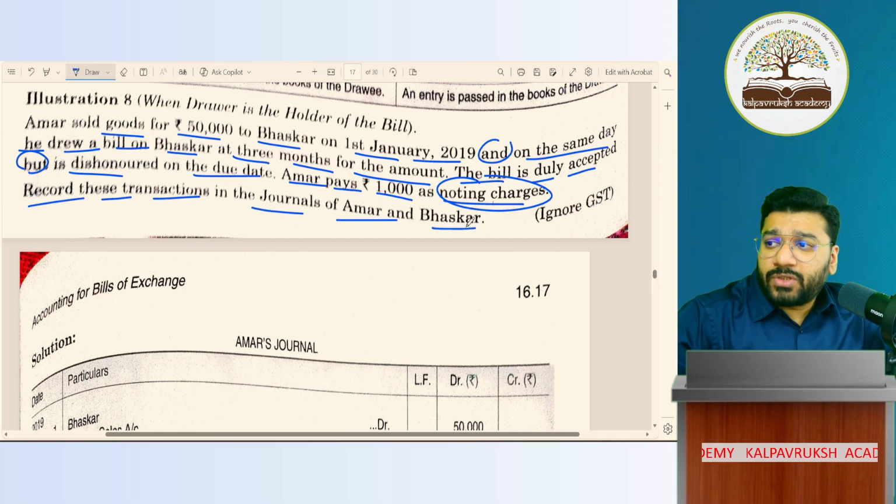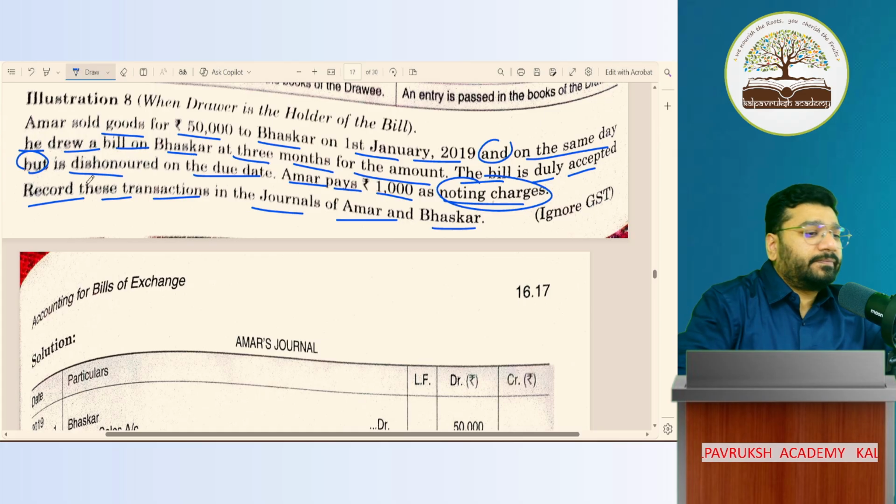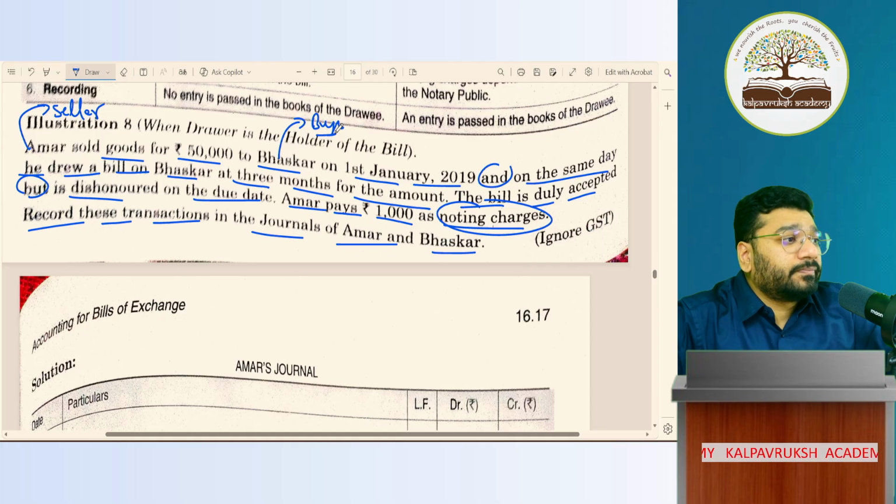Okay. So my question goes to all of you. Who is Amar and who is Bhaskar? Amar is the seller and Bhaskar is the buyer. Who is drawing the bill on whom? Amar, the seller, is drawing the bill on Bhaskar, the customer. So who is the drawer of the bill? Amar.